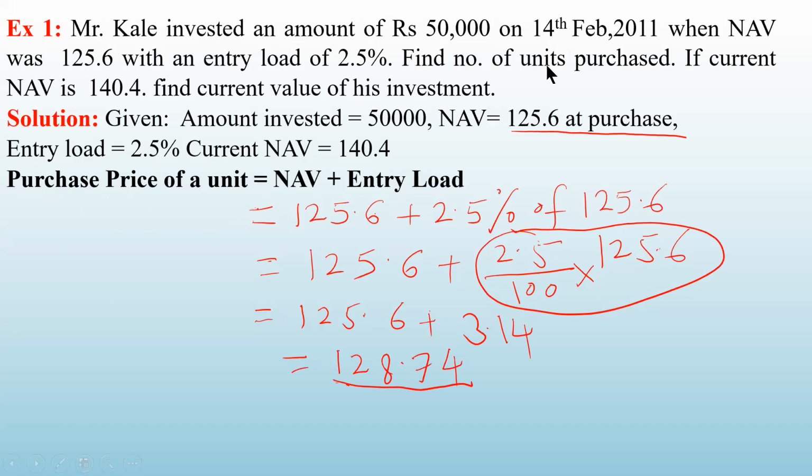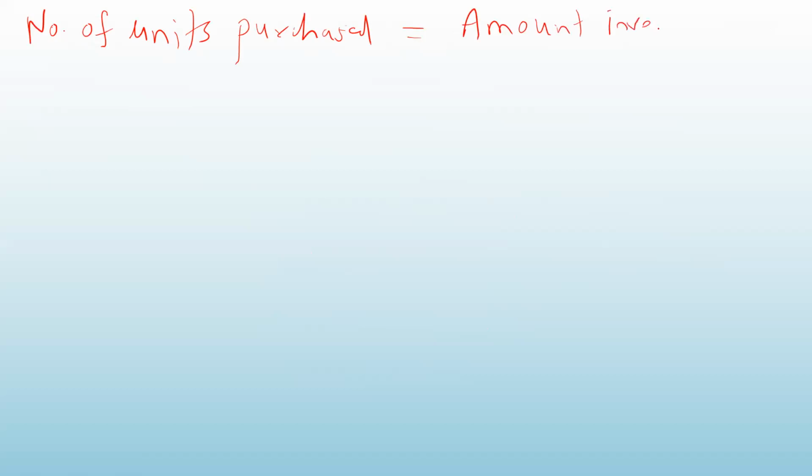Now we have to find out number of units purchased. Number of units purchased is equal to amount invested divided by purchase price of 1 unit.